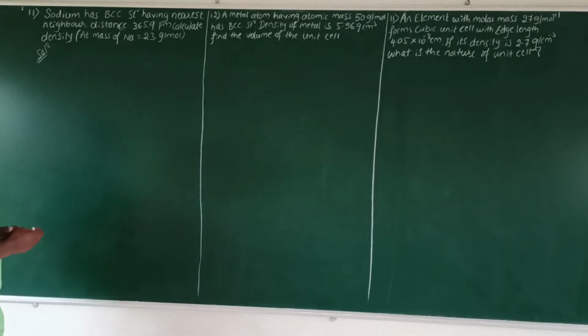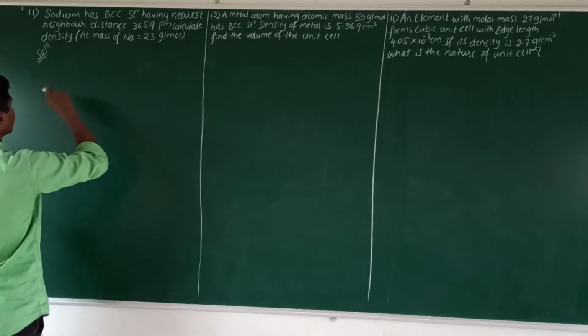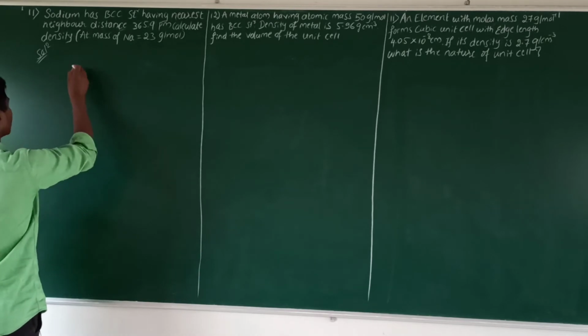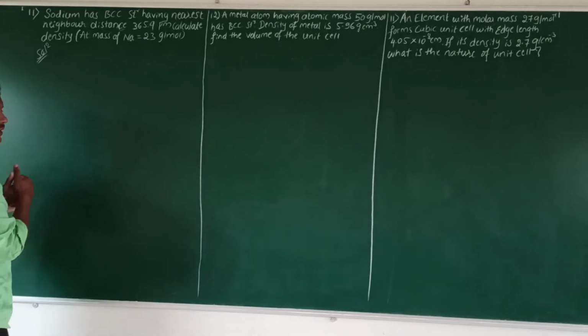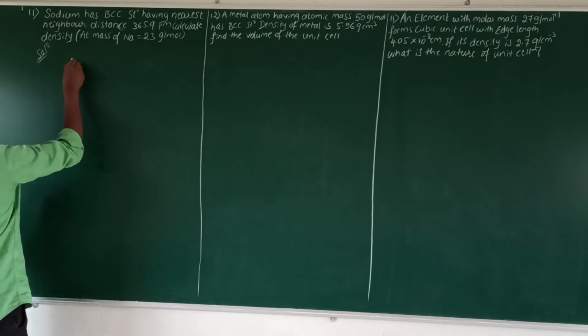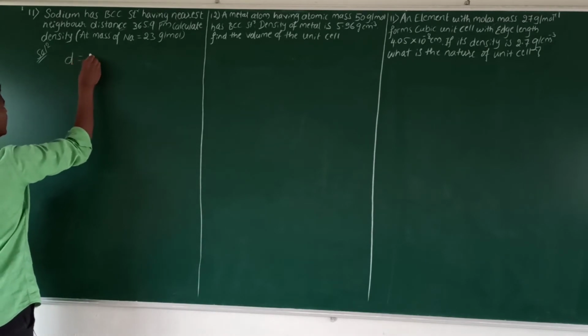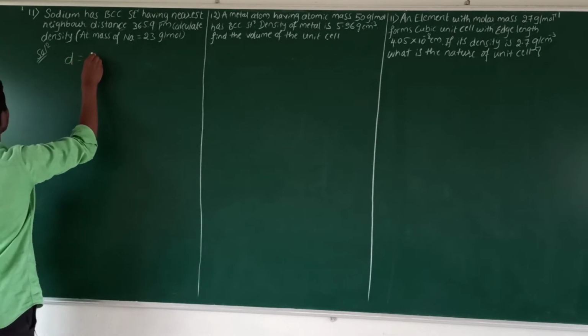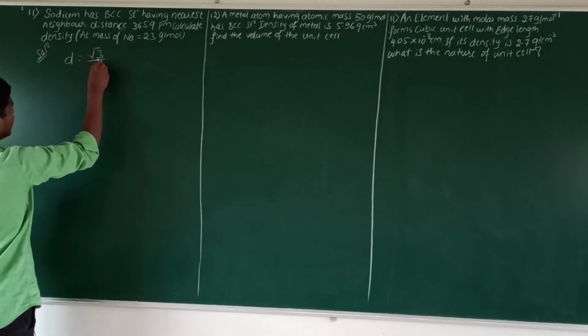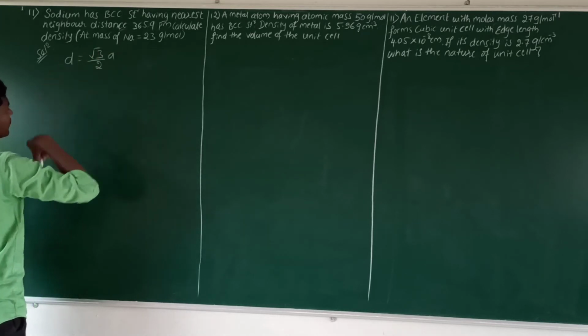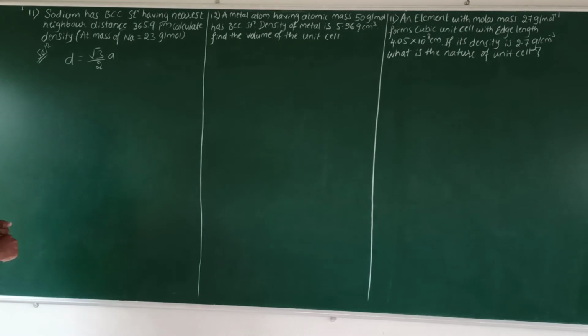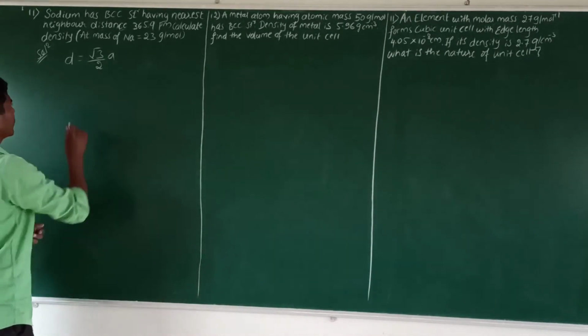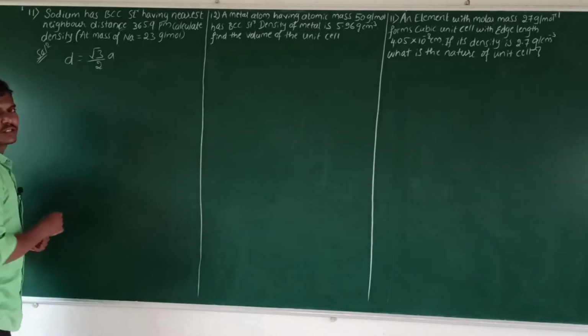They are giving the nearest neighbor distance, that is the diameter. See, in BCC, diameter is equal to root 3 by 2 into A. This is the relation between the distance and edge length.